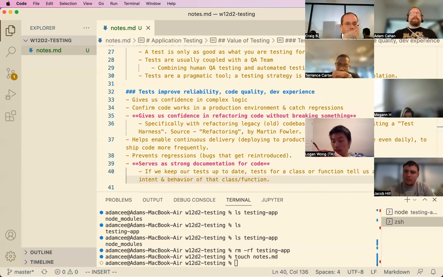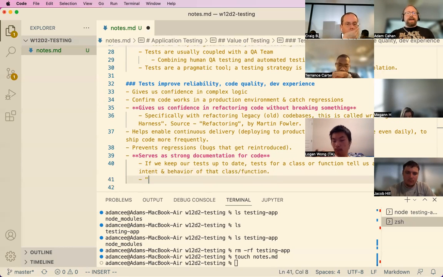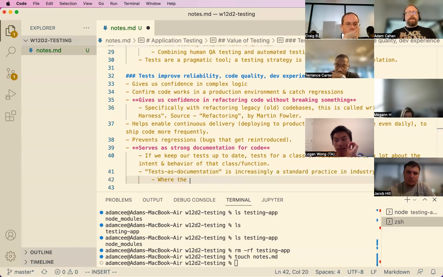In a lot of ways, that can be easier than reading through documentation, and it can be easier to keep tests up to date than documentation. Ideally, you do want both, but tests as documentation is increasingly a standard practice in the industry, where the test is maybe at least 50% of the documentation of some function or behavior.